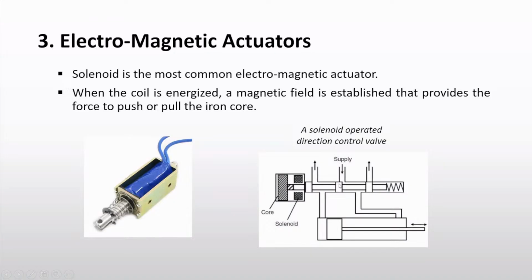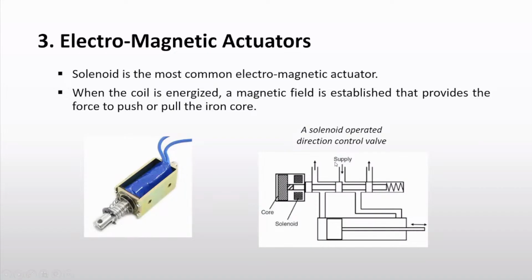It can move to the right side or left side. According to the position of this iron core, this bar, you can control the airflow. So you can control the flow of current or even pneumatic or liquid flow.